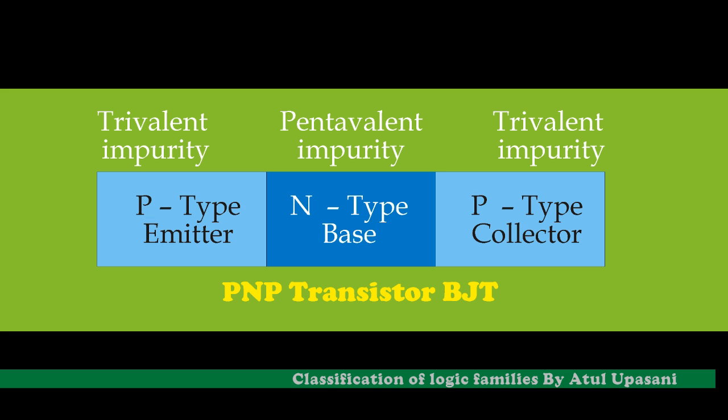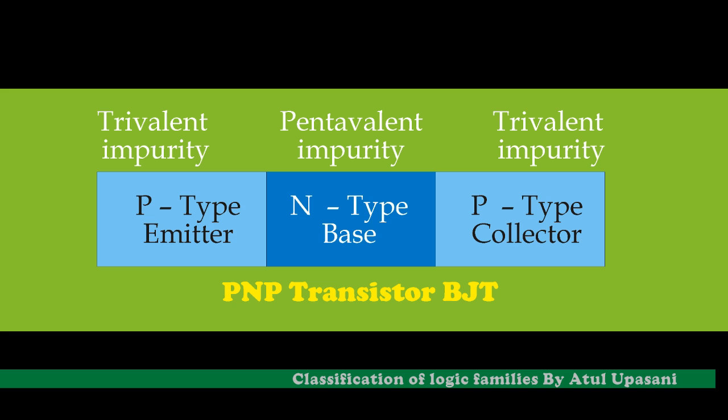Now you can see that the p-type material has positive charges which are free, and they will flow from emitter to base. So the current conduction from one p-type to the other will be due to holes, that means due to positive charges.